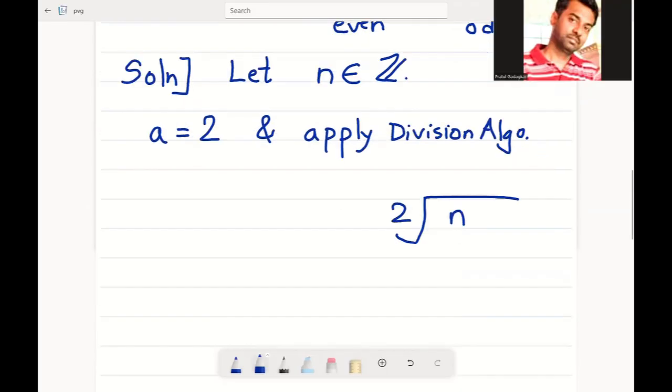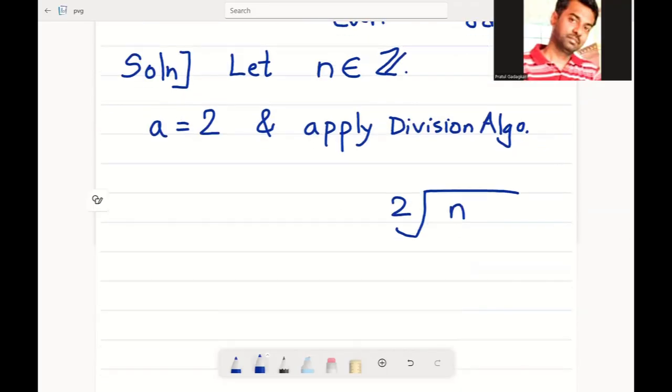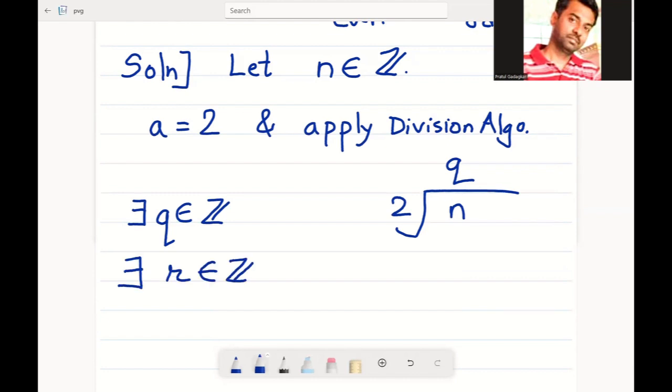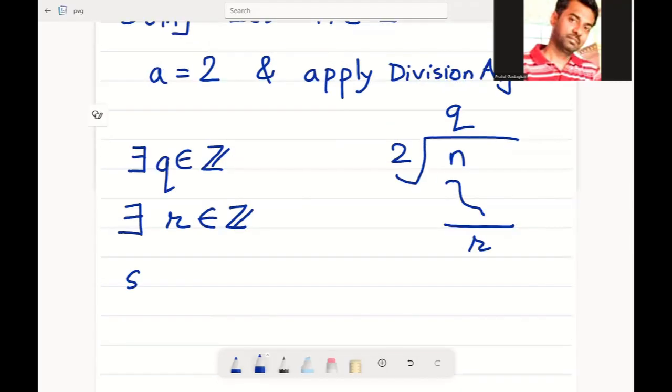So by division algorithm there exists a quotient q and there exists a remainder r, such that dividend means n is equal to divisor, which is 2, into quotient q plus remainder r.